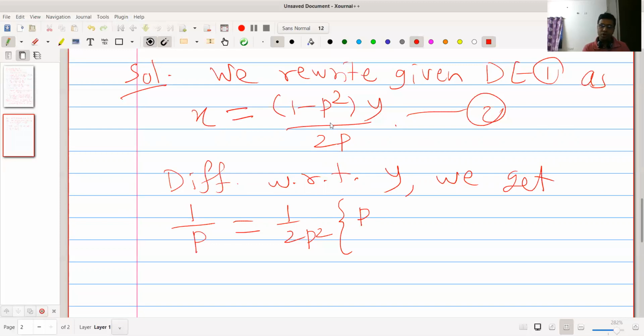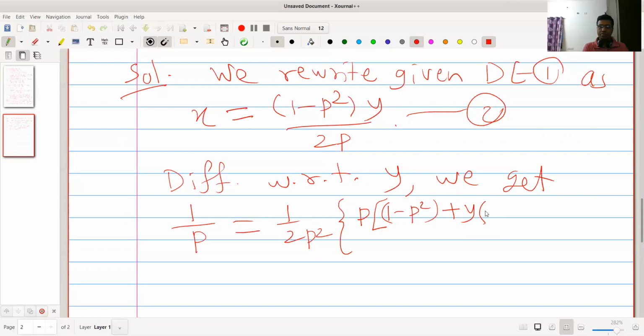Now the numerator is a product of two functions, 1 minus p square and y. We have to differentiate with respect to y. So it is 1 minus p square into the differentiation of y with respect to y, which is 1, plus y into the differentiation of 1 minus p square with respect to y.